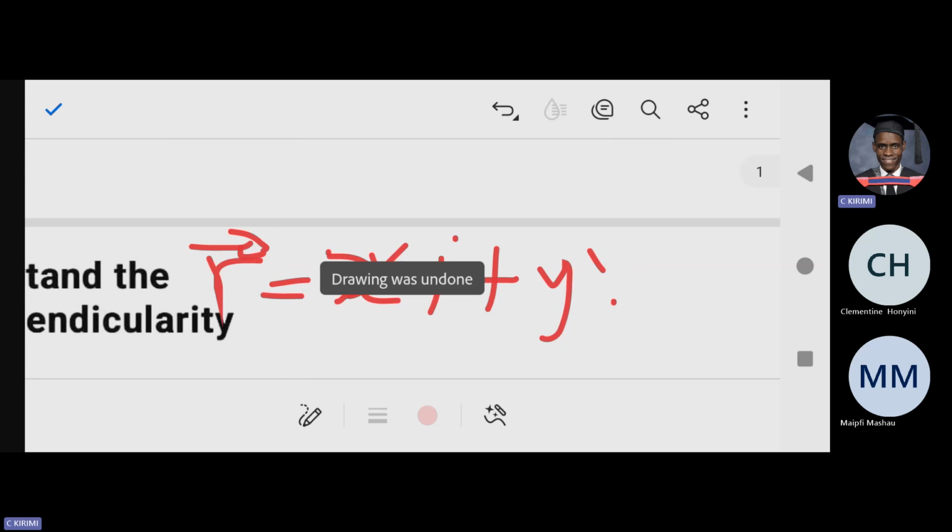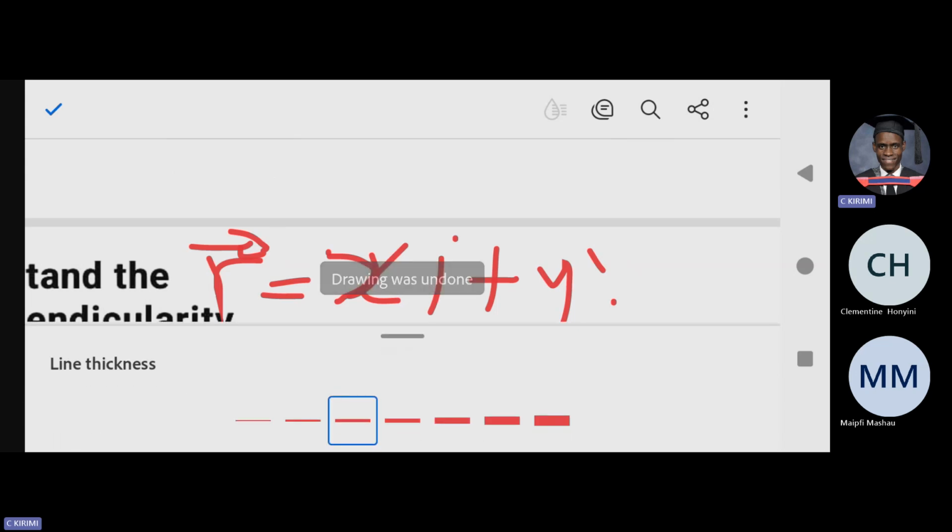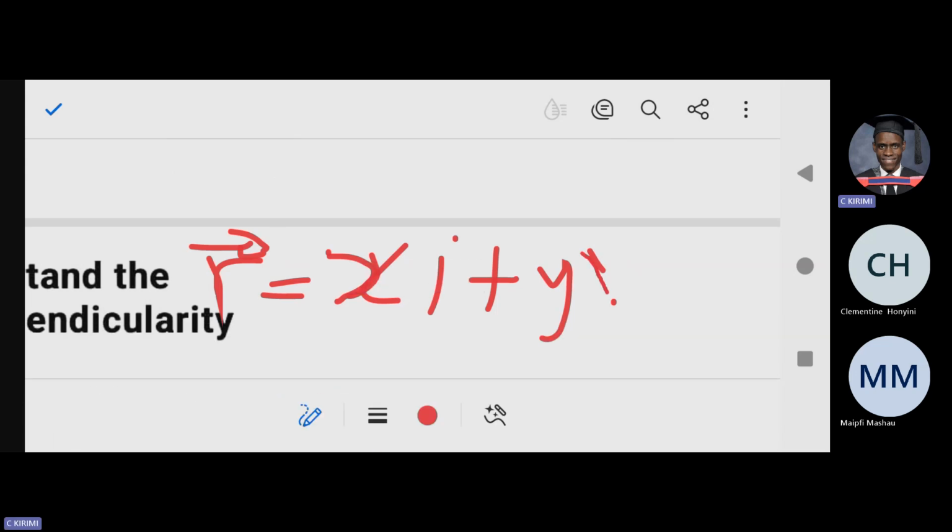So it's a j with a head. Plus z units in the k direction. So k is a unit vector. So that is r, isn't it?